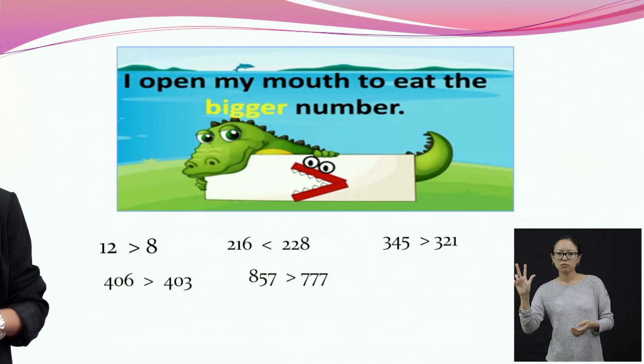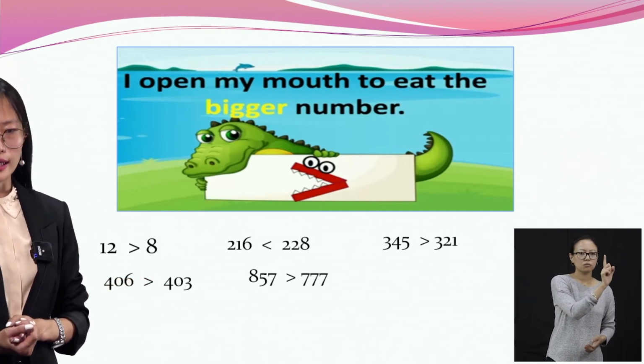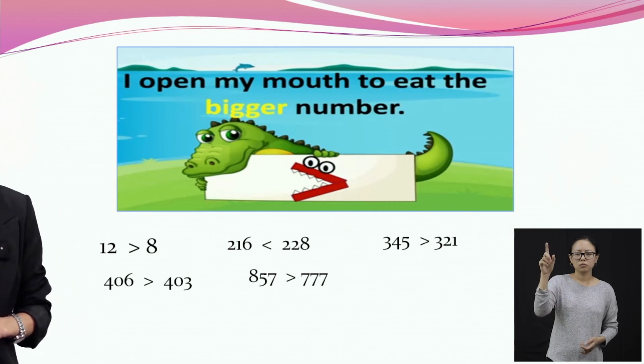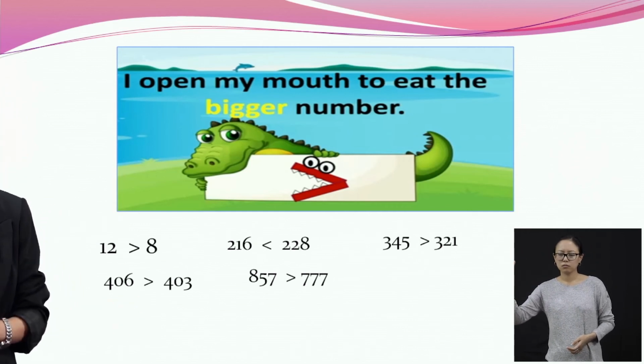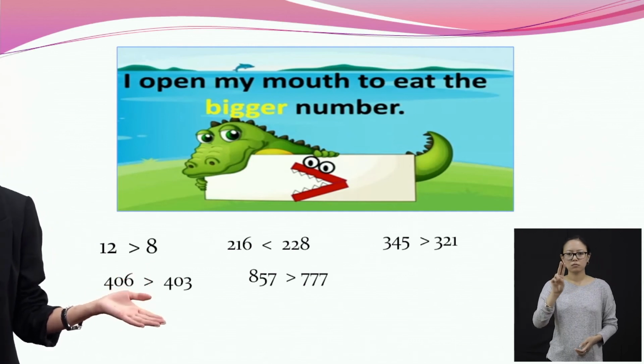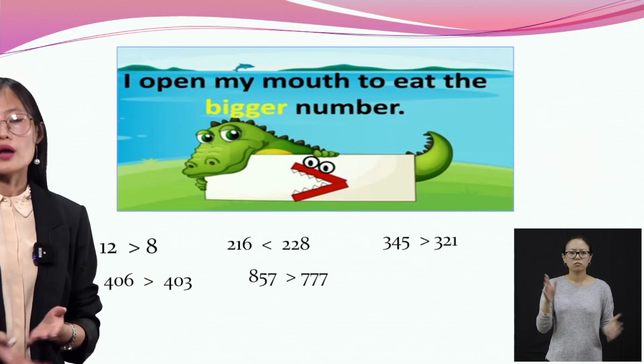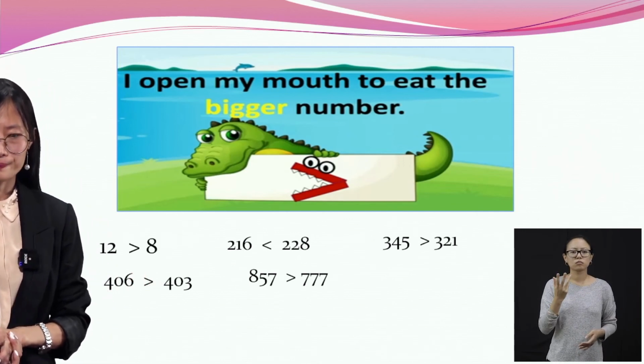Now, the next numbers are 216 and 228. Both sides have a 3-digit number. If you compare the hundreds, both sides have the same number, that is 2. Now you compare the tens.